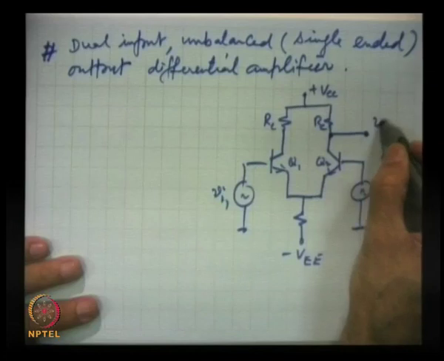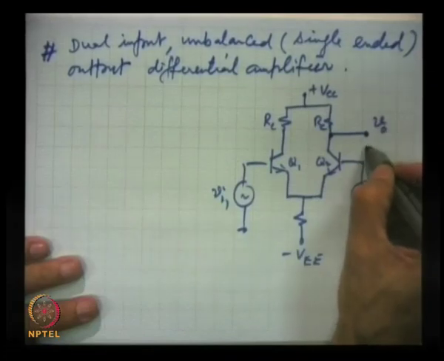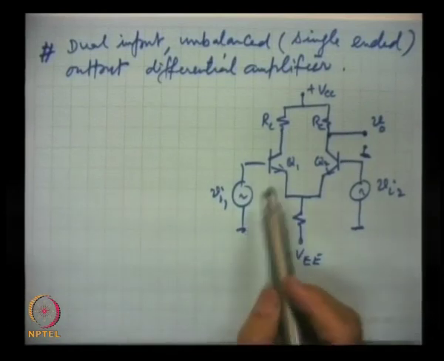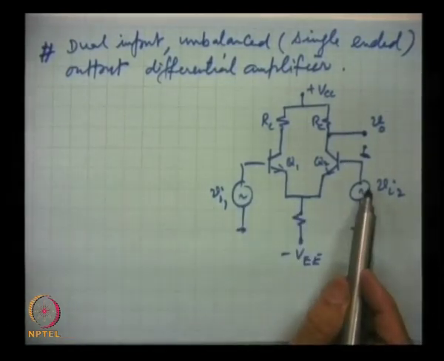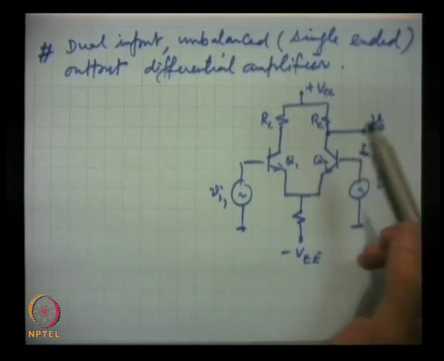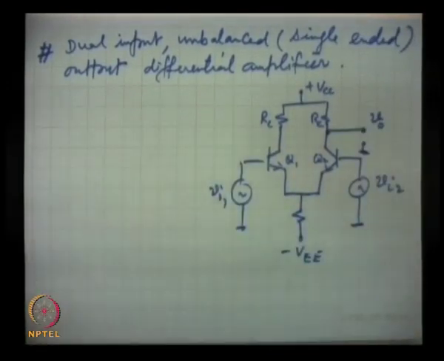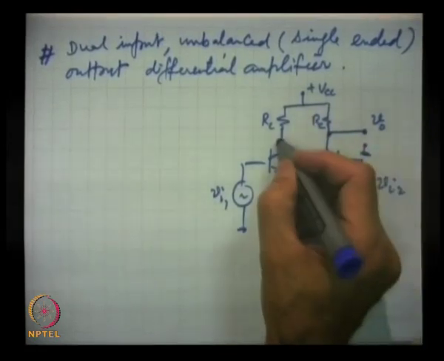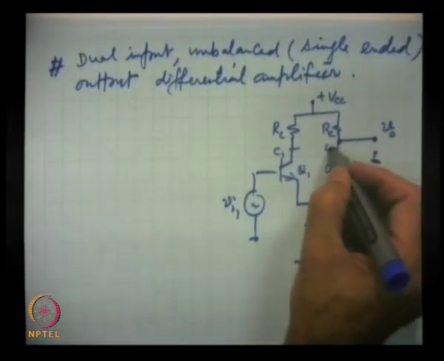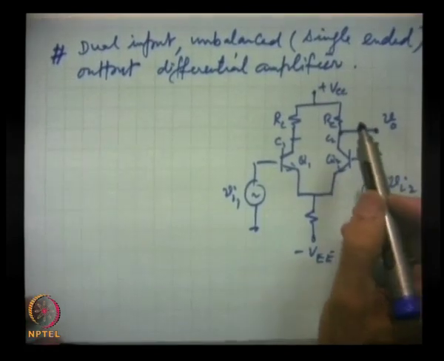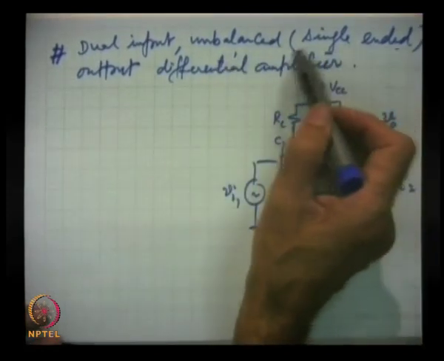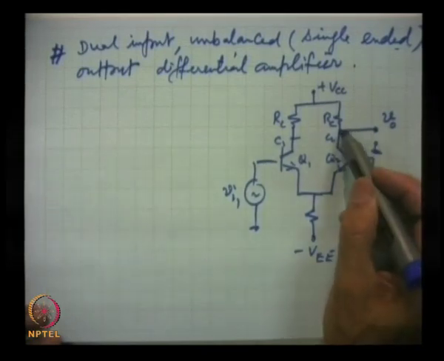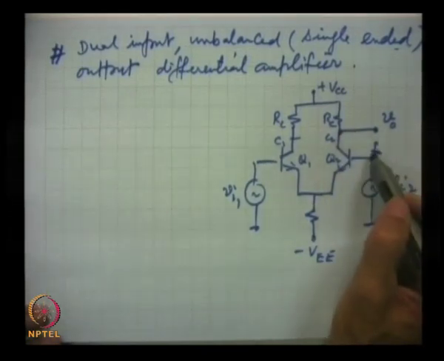This is V out with respect to ground. We are applying two inputs, and in the previous case, the balanced output, we were taking output at the two collectors C1 and C2. Now, only single ended, unbalanced, so from collector C2 with respect to ground.